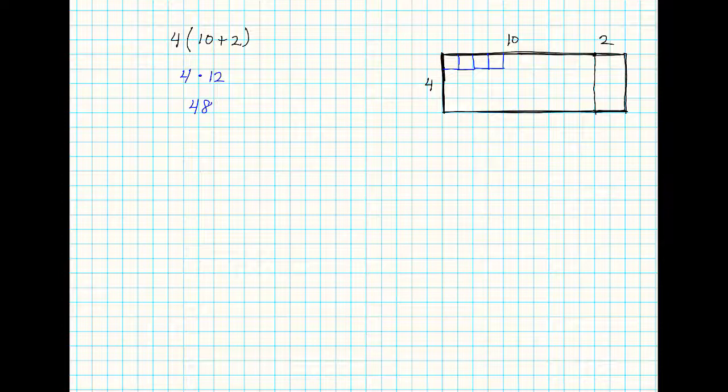You could calculate how many squares there are in here by splitting it up. 4 times 10, there's 40 in this rectangle, and then 4 times 2, there's 8 in that rectangle, and so we have 48 altogether.